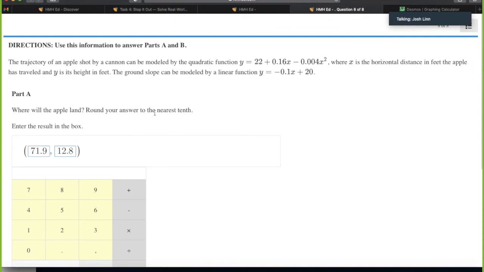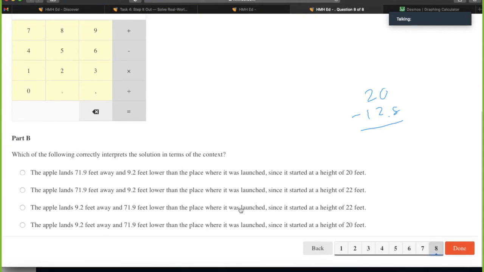And then at x equals 0, the hill is at 20, and then it ends at 12. So I'm assuming we just take 20 minus 12.8 or something like that. And that's where our 9.2 comes from. So we'll go with that.